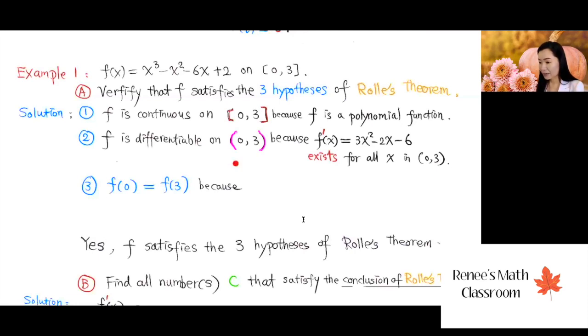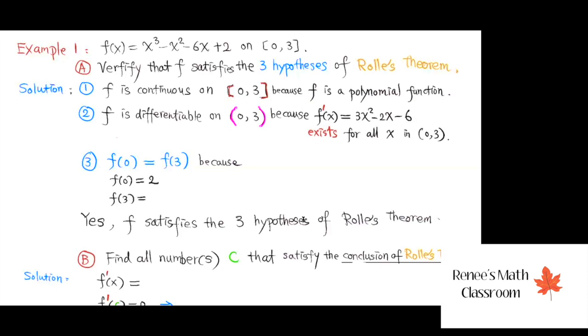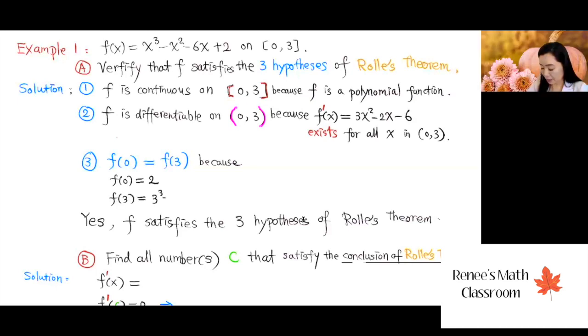Okay, the last one. f of 0 equal to f of 3 because f of 0 here is equal to 2, substitute 0 in x. Substitute 3 in x, you get 3 cubed minus 2 squared minus 6 times 3 plus 2. Do the calculation.